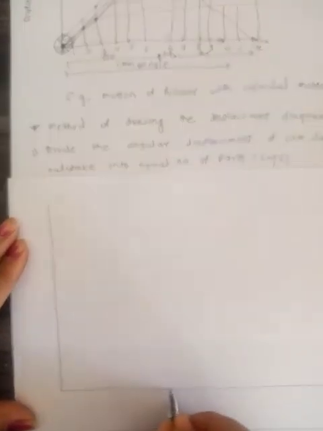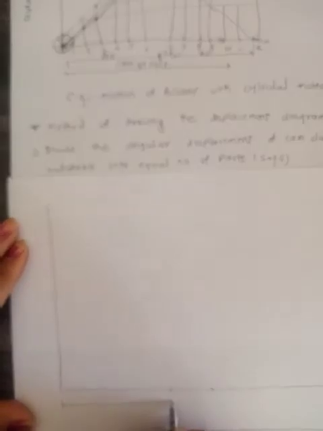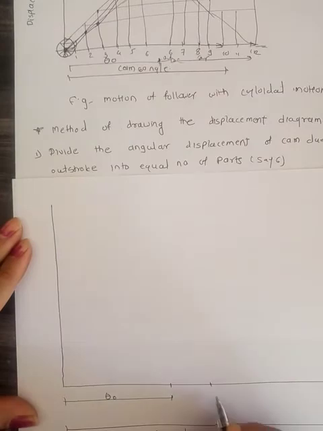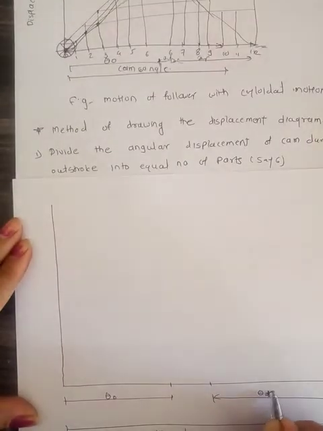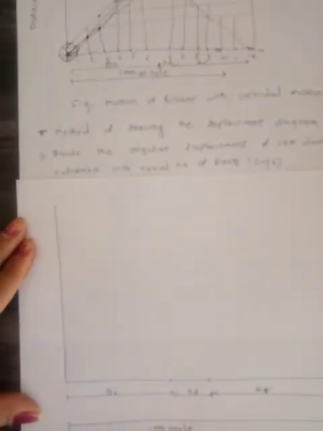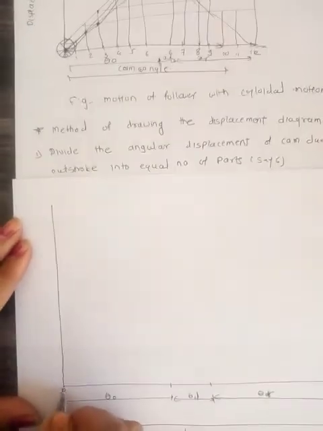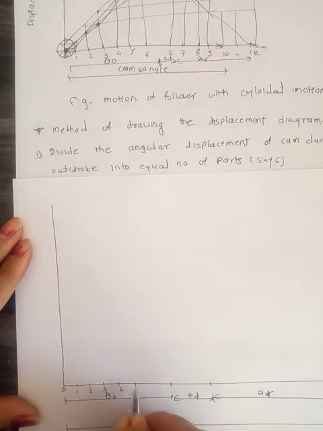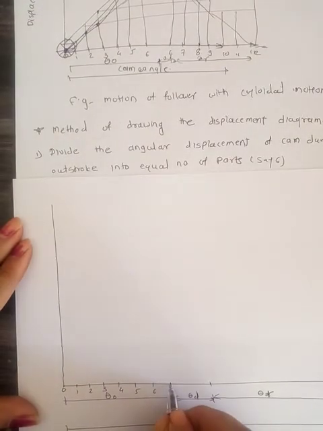This distance is called the outstroke, this distance is called the return stroke, theta r, and this is the dwell, theta d. Divide into an equal number of 6 parts, meaning 0, 1, 2, 3, 4, 5, then 6.